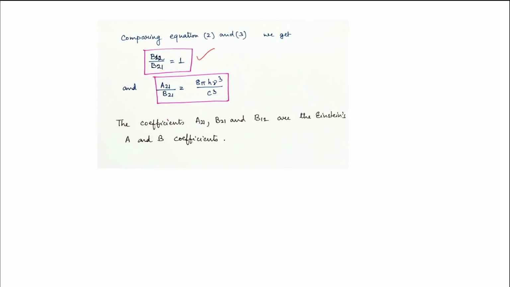So these are the Einstein A and B coefficients, and these are the two relations. This is relation number 1 and this is relation 2.